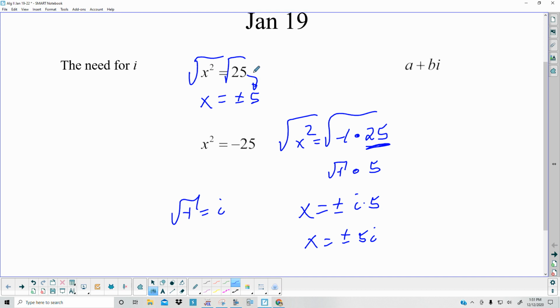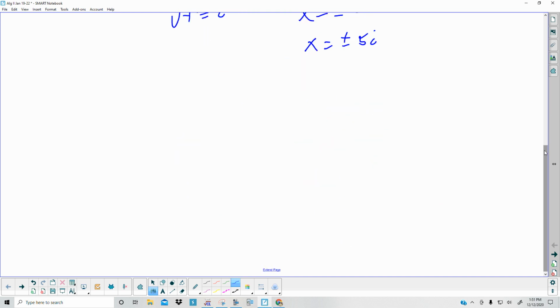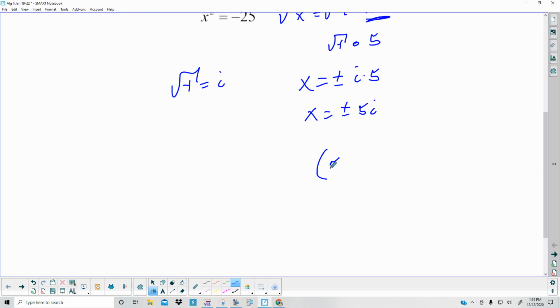Now, I explained this as 5 squared gives you 25, or negative 5 squared also gives you 25. Well, let's check out what happens when you square these: 5i squared and negative 5i squared.